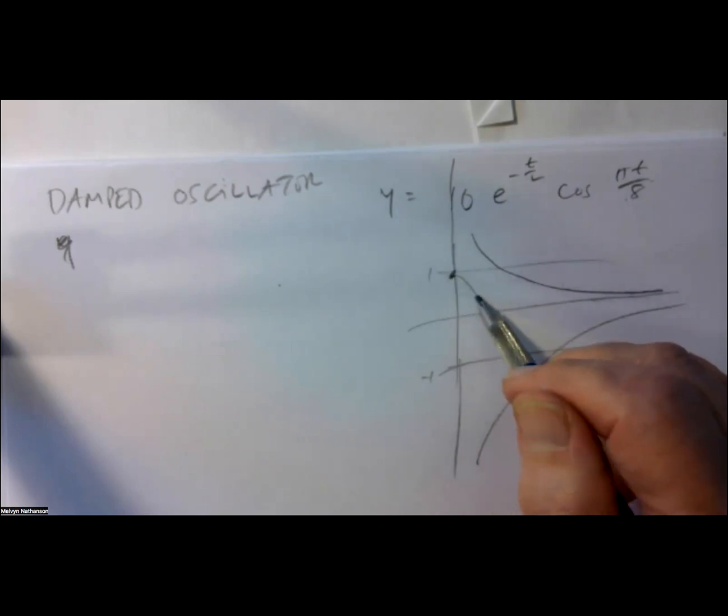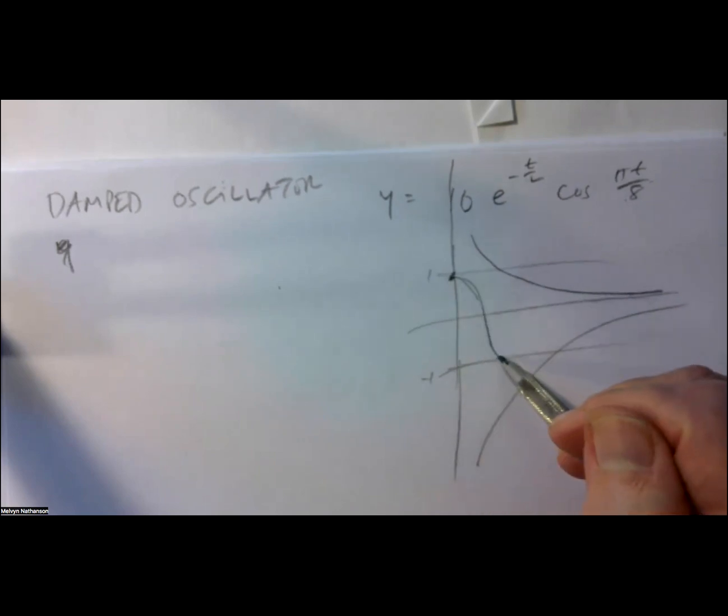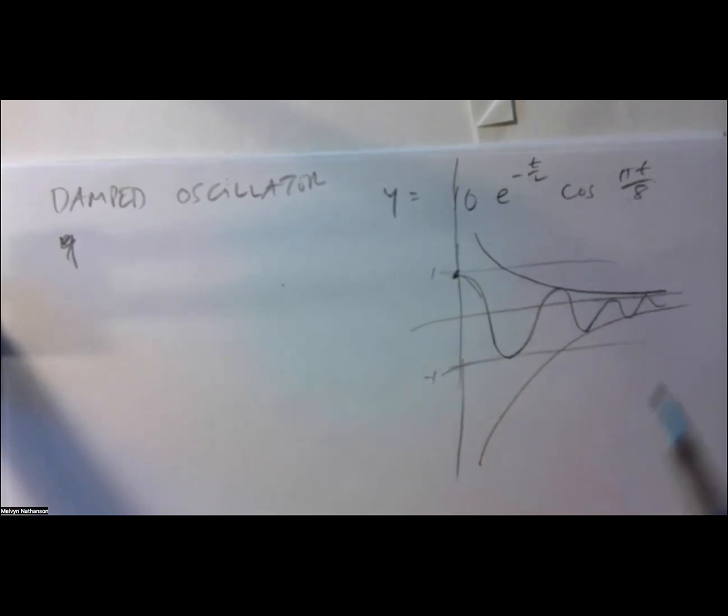So you have an oscillation that looks like that roughly. Again, since I have Maple, why don't I just show you in Maple what it looks like?